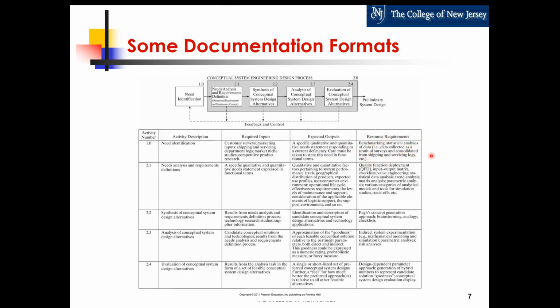So this is a good chart to have because these are some of the main activities that we have discussed in chapter 3 for conceptual system design, and that we are discussing in this chapter for preliminary system design. So I want to make a call to action to you to spend some time, read and study this table.